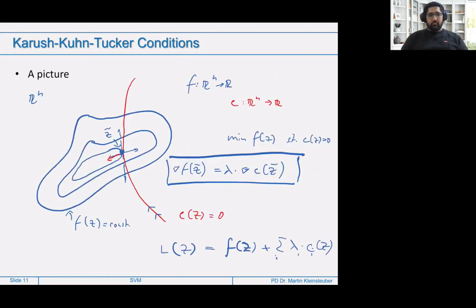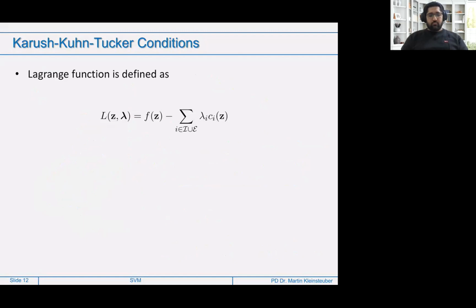Okay, so this was the picture. I don't want to go much more into the detail of that picture, just to say that we have a motivation to look at what is called the Lagrange function. The Lagrange function consists of the unknown Z that we want to optimize, and the so-called Lagrangian multipliers lambda.